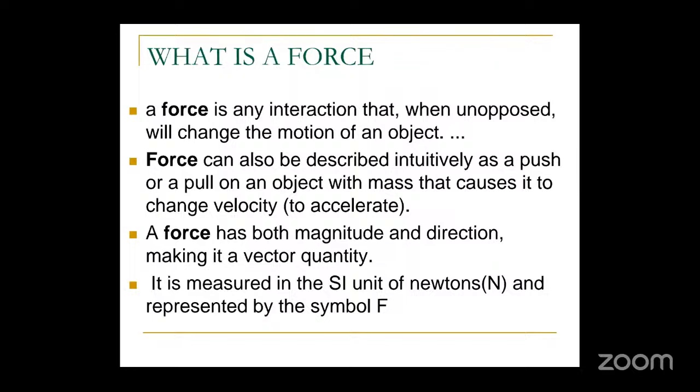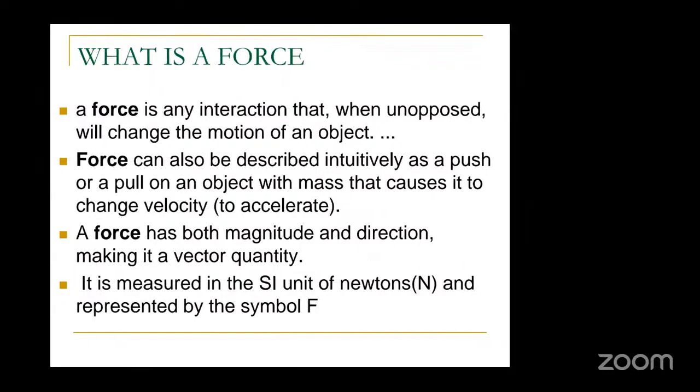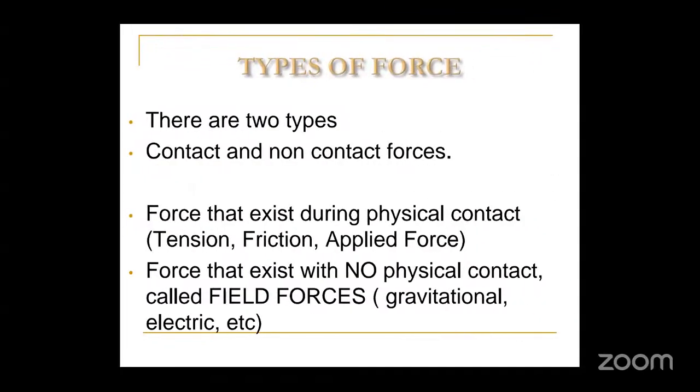That is a force. Now, a force is a vector quantity. It has both magnitude and direction. It is measured in the SI unit of Newton and represented by a symbol F. There are two types of forces. We have the contact and non-contact forces.